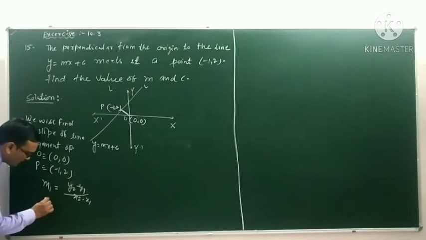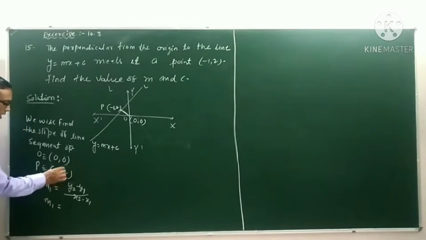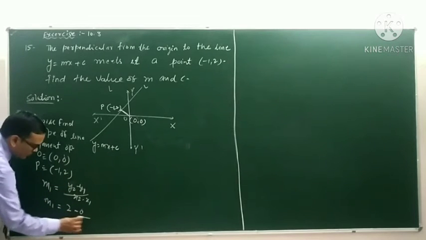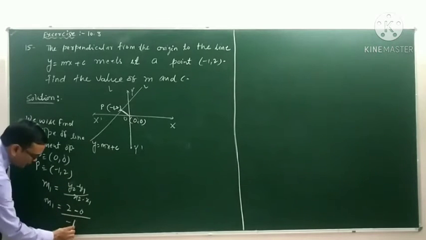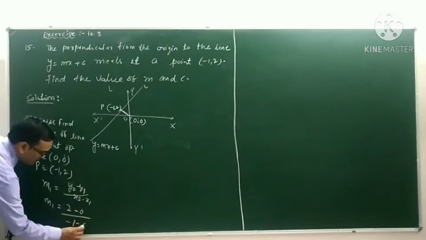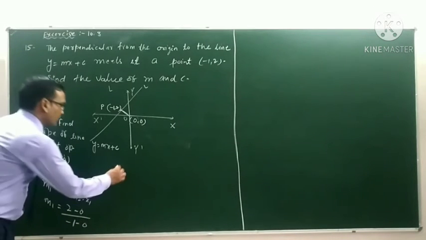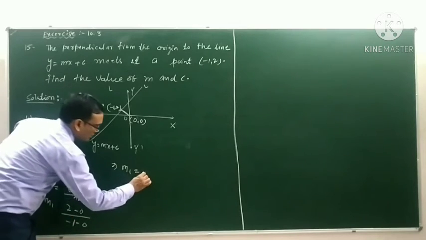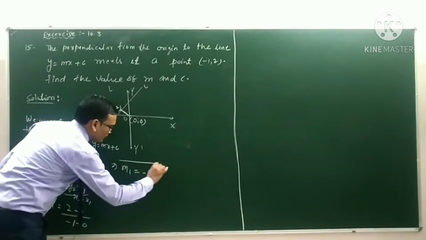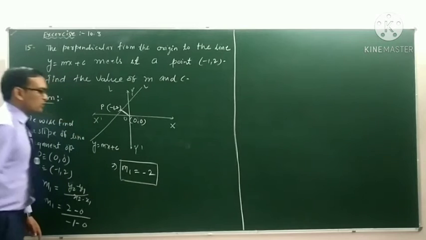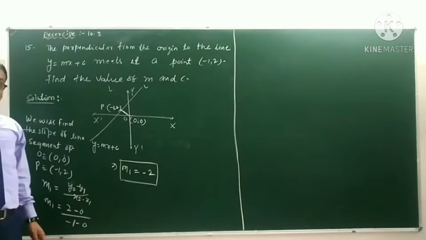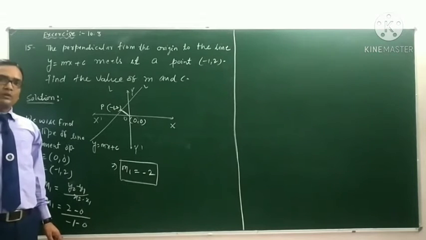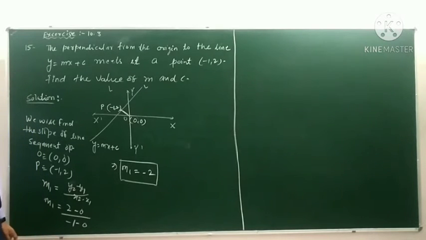Then m1 equal to (2 minus 0) upon (-1 minus 0). This implies that m1 equal to minus 2. That means the slope of the line segment OP is equal to minus 2.